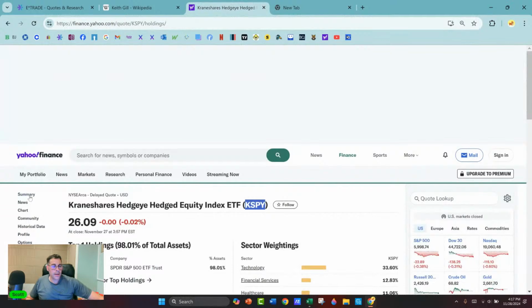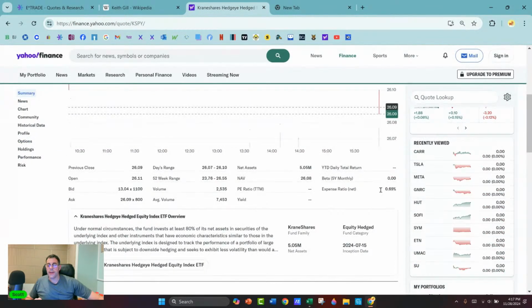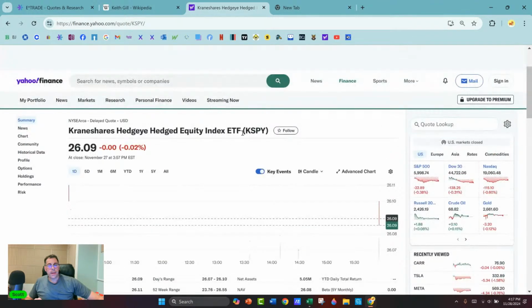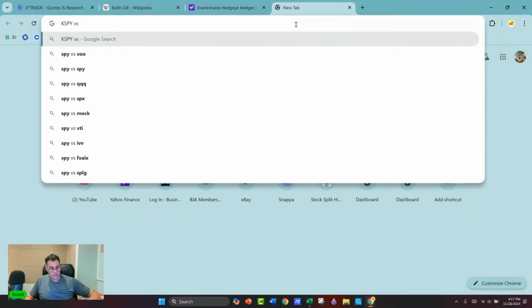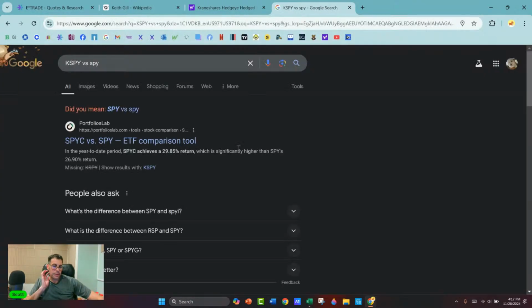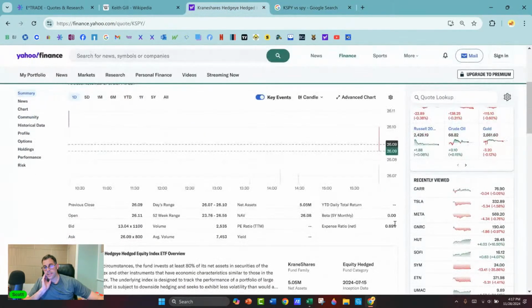I bet you it has a high fee rate. Yeah, you're paying 10 times the fees. Why would you pay 10 times? What's the benefit? KSPY versus SPY. Because SPY is 3 basis points, right? Or maybe it's 4 basis points.